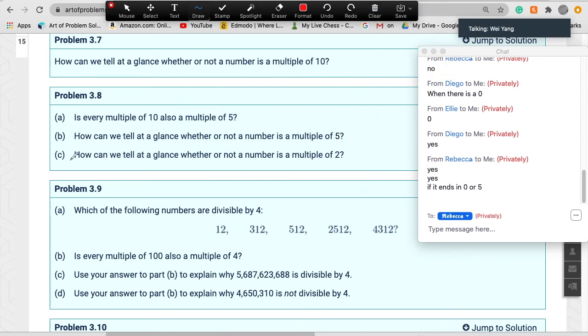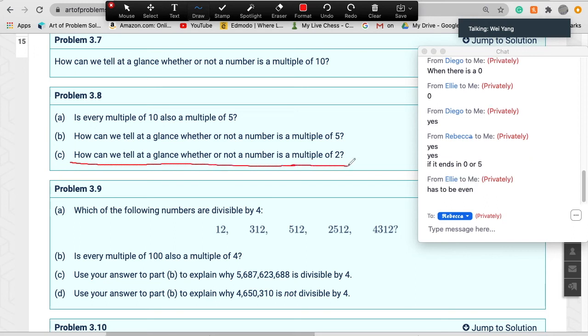Now let's see C. How can we tell at a glance whether or not a number is a multiple of 2? Yes, Ellie, you're right. Who else? Dago and Rebecca, is it for B or C?